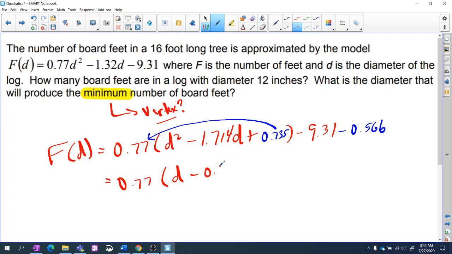Try this again. 0.857 squared, subtract 9.31 minus 0.566, 8.744.